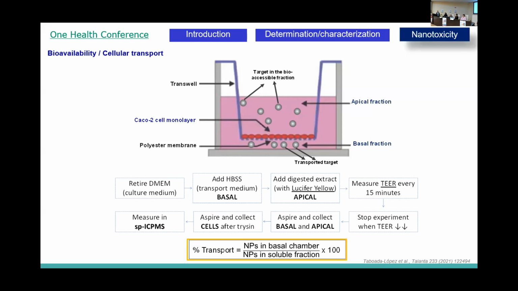So we can establish the transport as a ratio between the number of nanoparticles in the basal chamber and the number of nanoparticles in the bioaccessible fraction. So we can obtain the amount of nanoparticles that are able to cross the intestine barrier.